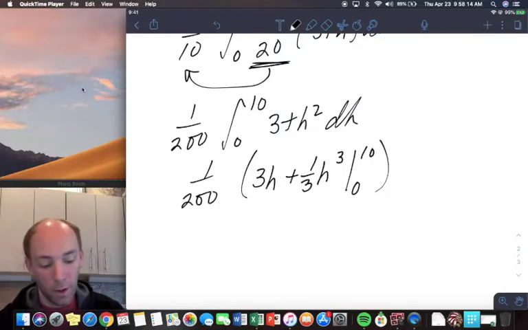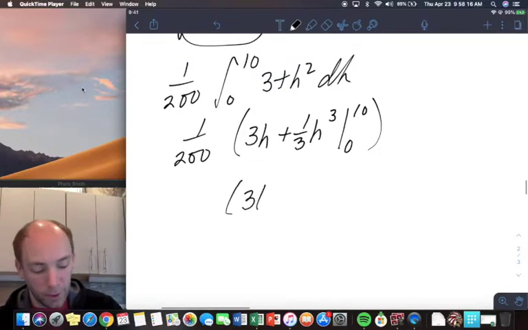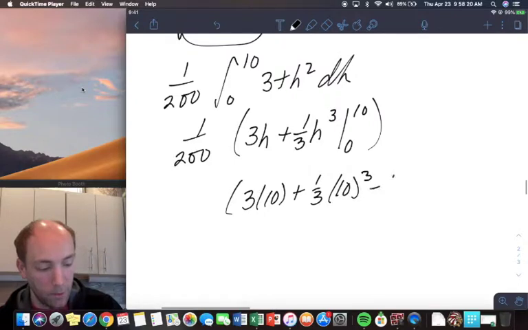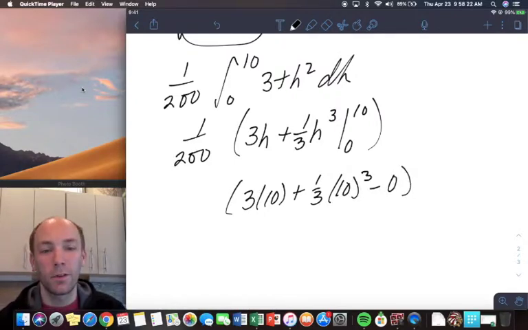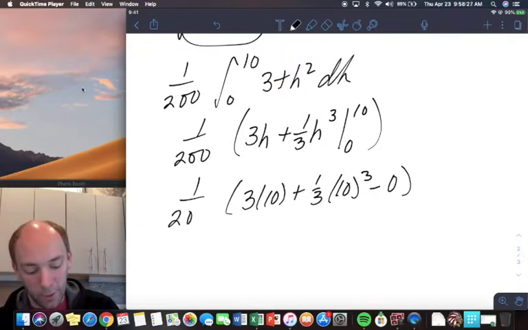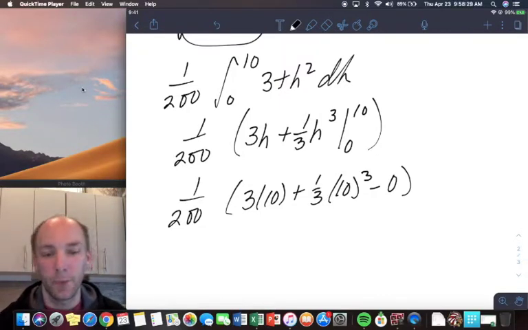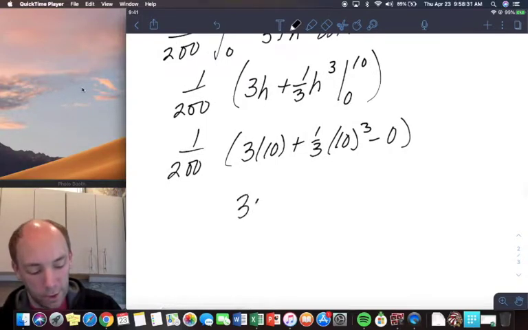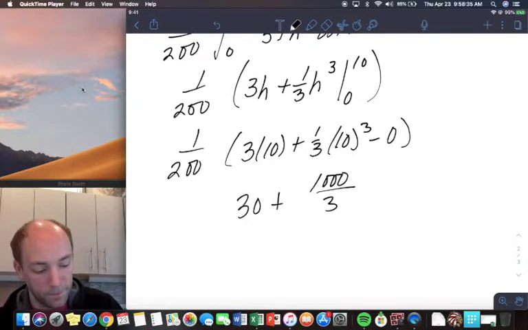Plugging in 10: 3 times 10 plus 1/3 times 10 cubed, minus 0, since plugging in 0 gives 0. That's 30 plus 1,000 over 3.